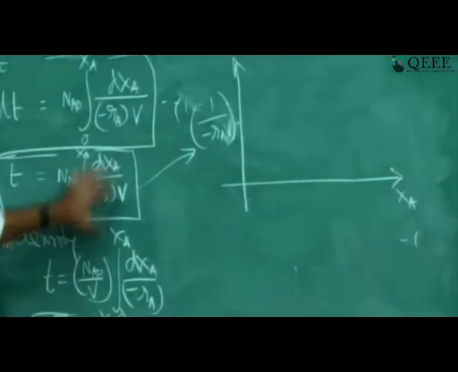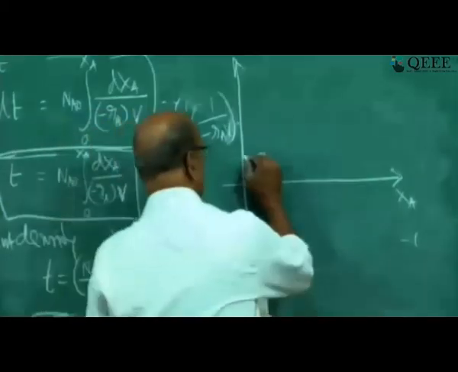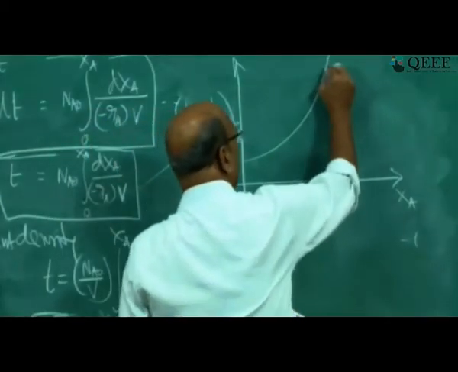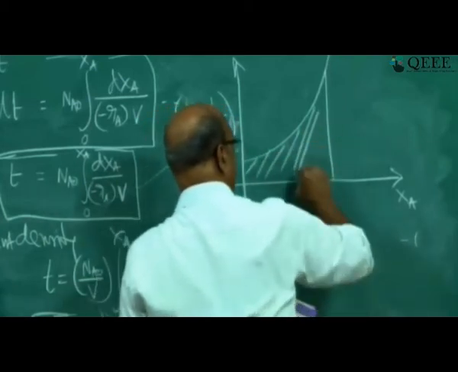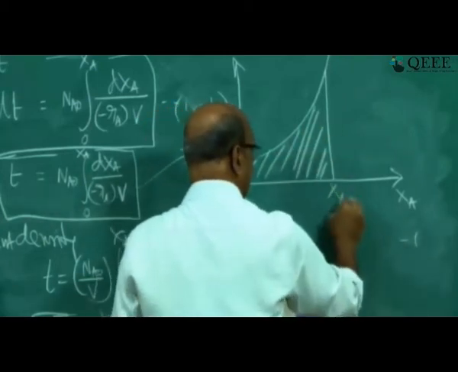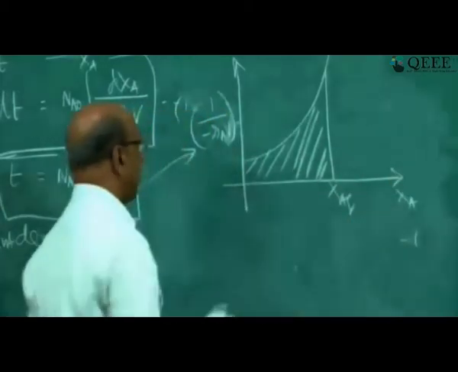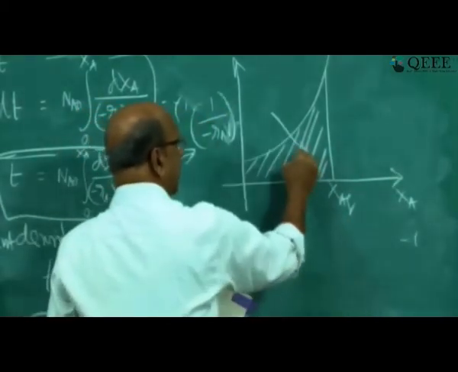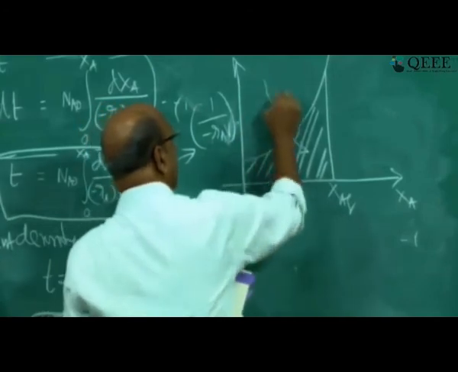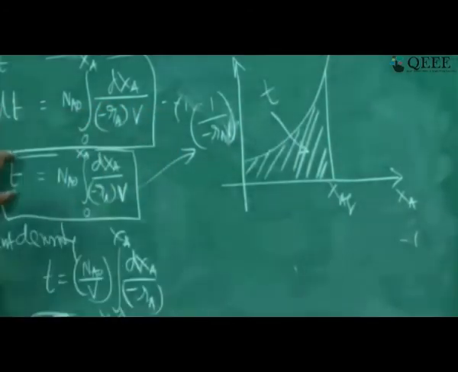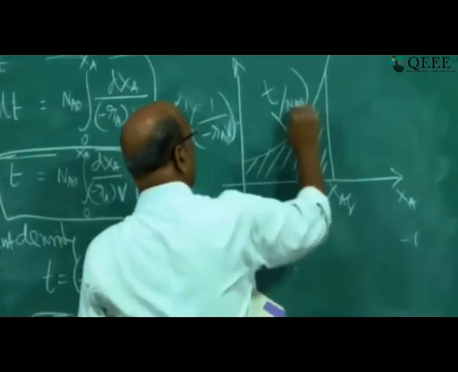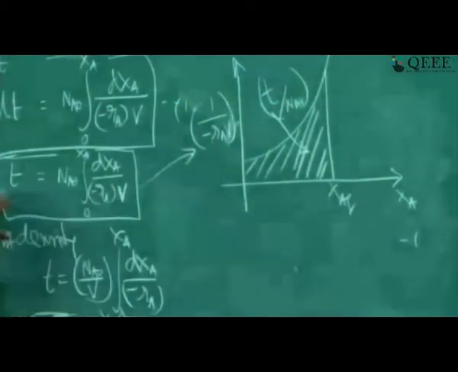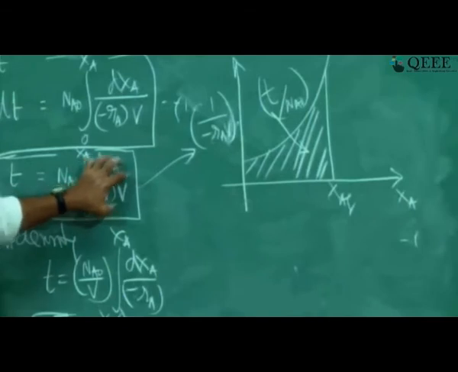So now this tells me that this is a curve where this area, up to this final conversion that I want from my reactor, will be the volume times T by Na naught, because Na naught I am bringing here. This is the integral I am just plotting here.